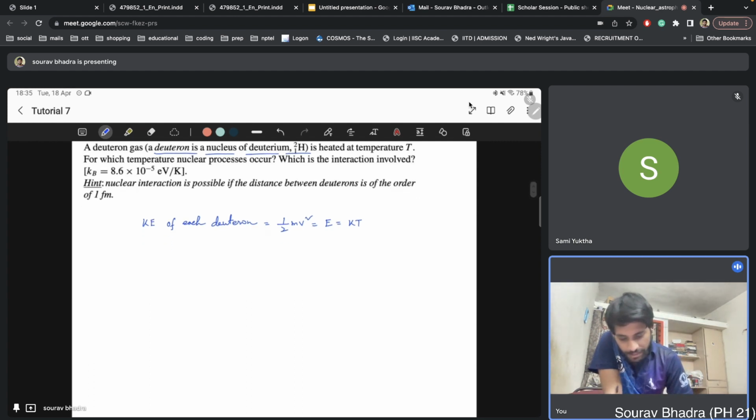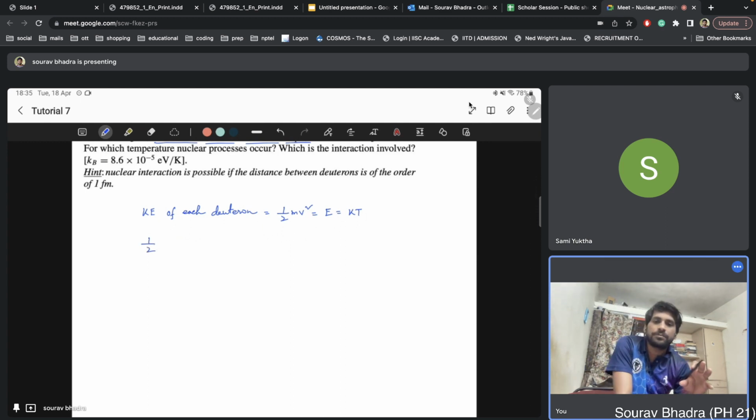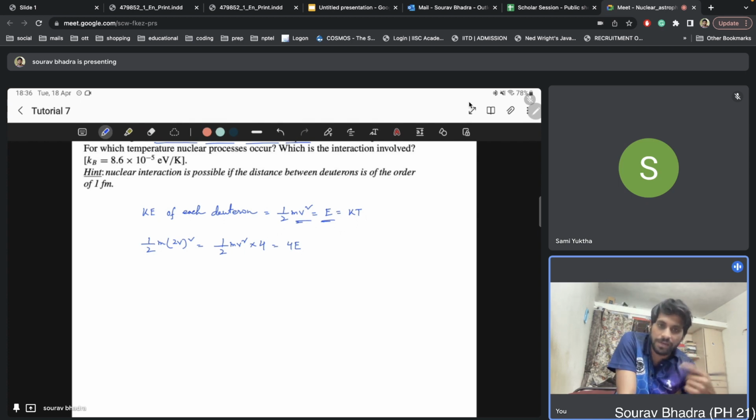Now the total energy associated with that reaction will be half m (2v) square, which is 4 times e, where e was the energy of one deuteron in the lab frame.